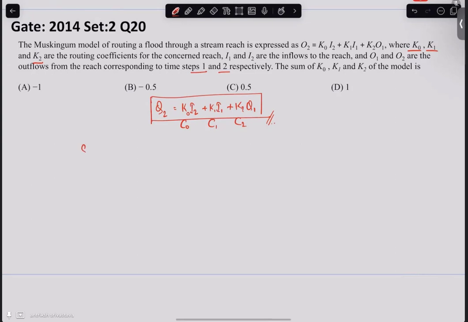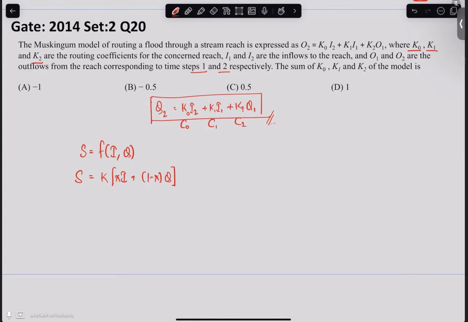First is that storage in a reach or a channel is a function of both the inflow and the outflow, right? So that equation was S is equal to K into X I plus 1 minus X into Q, right? And this is when we used to say that it is a natural channel, right?